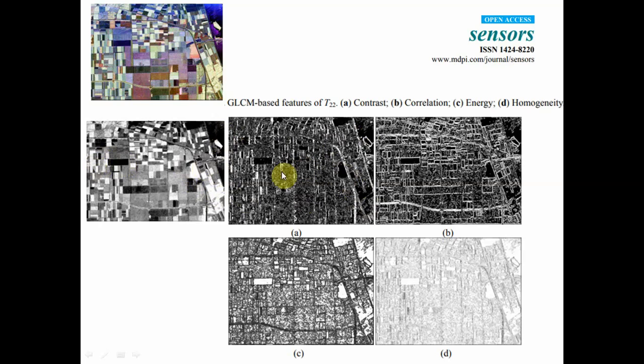This is the actual result of applying contrast on the input image. If you apply correlation, you will be able to get the shape and size, which means you have the boundaries for each and every shape. If you compare with correlation, you will be able to get the separation between the different fields.